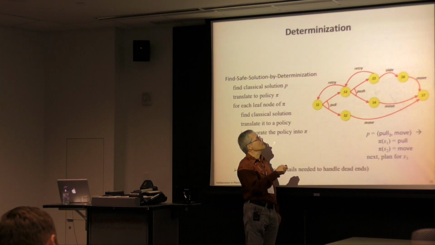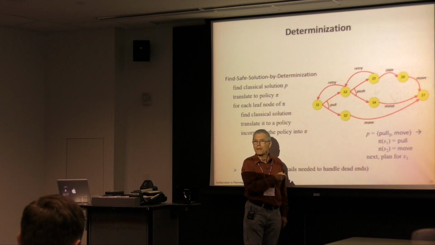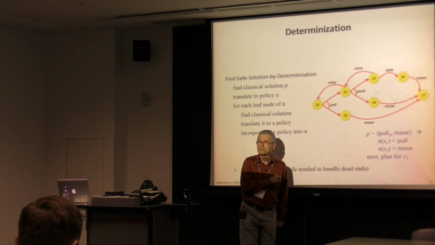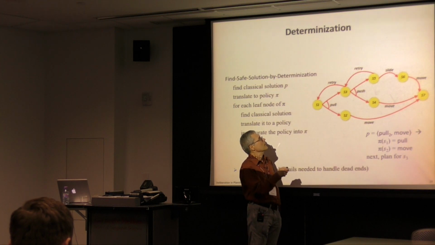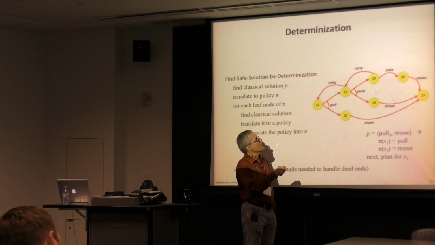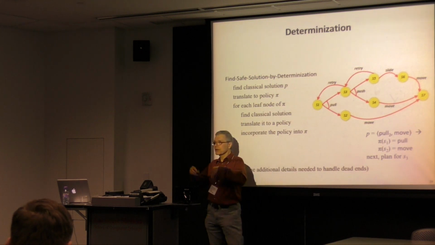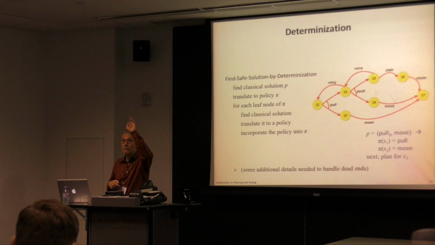And now we have a leaf node over here that we need to plan for. So we call the classical planner on it. It comes up with push 4 and move. All right? Well, we convert that into a policy, incorporate it into our existing policy. Now we need to plan for this. We call the classical planner here. It comes up with that. We turn that into a policy and incorporate it, and we're done. All right? Make sense? Any questions about that?